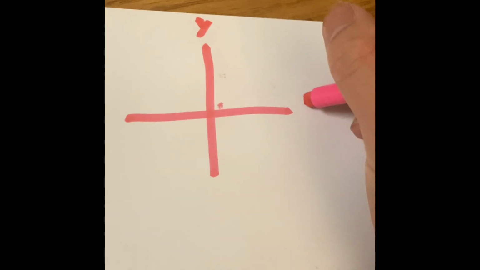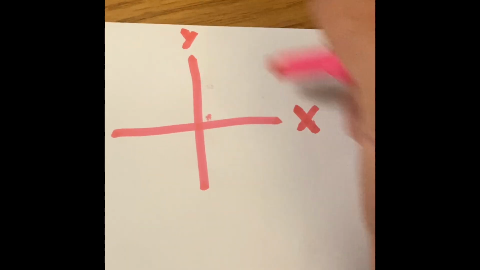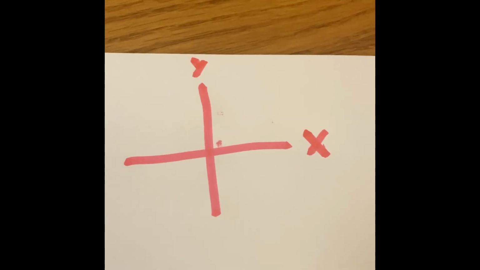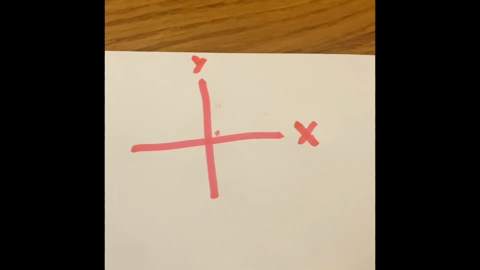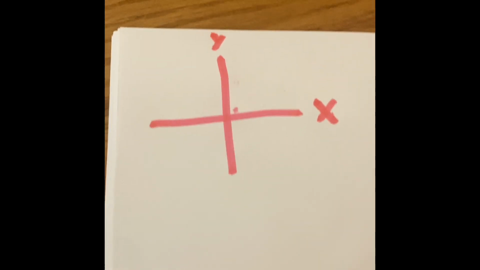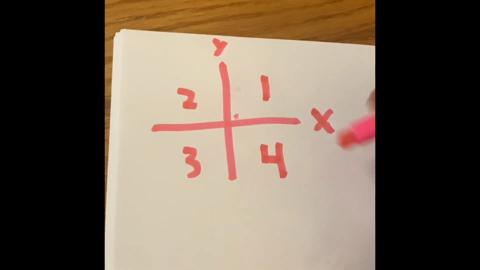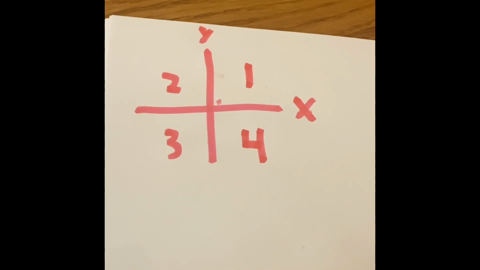So we have the x and the y-axis. And mathematicians like to use a system where you understand what quadrant you're in on the graph. We can say quadrant 1, quadrant 2, quadrant 3, and quadrant 4. However, these would be in Roman numerals.